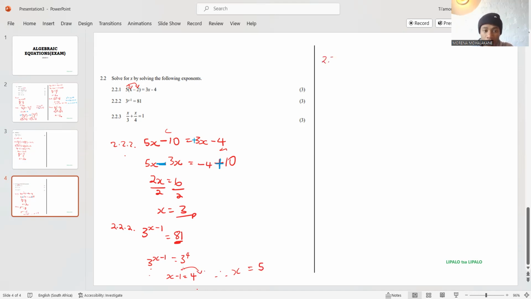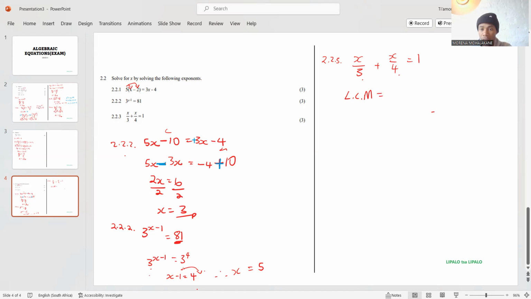And then the last question, it's what we've been doing throughout these questions. x plus x all over 3 plus x all over 4 equal to 1. If you have fractions with different values, right, denominators, you look for the LCM. So your LCM, let's go.